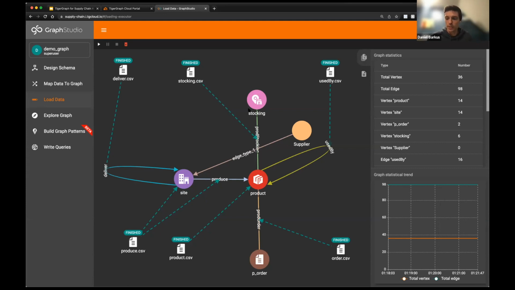We also have recently our machine learning workbench, which is built on top of Jupyter Lab. It connects directly with TigerGraph. So one of the great advantages of graph and machine learning is that context, like we were talking about. With machine learning, obviously, the more data you have, the better results you can get. But something also important is the quality of the data. You can have a lot of data, but if that data is no good, or if that data is very shallow, then you're not going to get the best model.